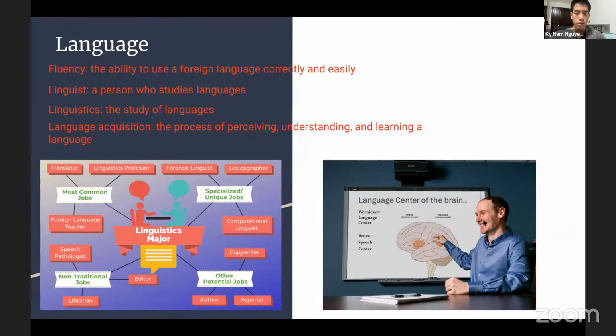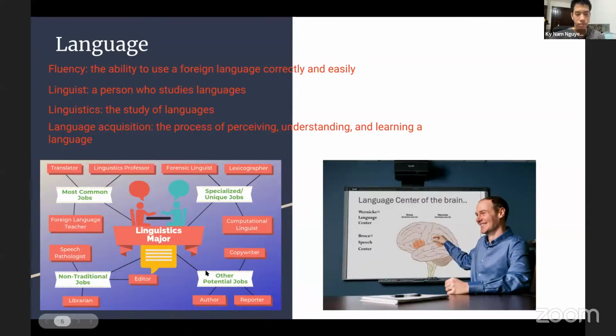If you study languages, you are considered a linguist. And then next is linguistics, which is basically the study of languages. As you can see down here, some example jobs are part of a linguistics major.